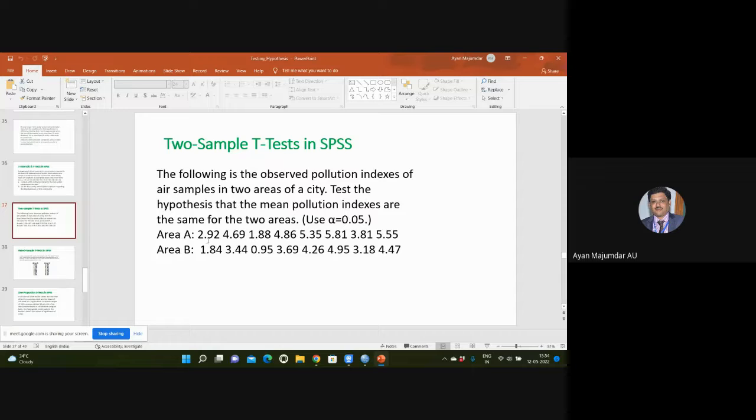Say for day one, if area A was 2.92 and area B was 1.84, and for day two, if area A was 4.69 and area B was 3.44, in that case we would have said it is paired. But in this case, it is not paired. This is just 8 observations of two areas. Now we need to check whether there is a significant difference in the average pollution level of these two areas of a city.